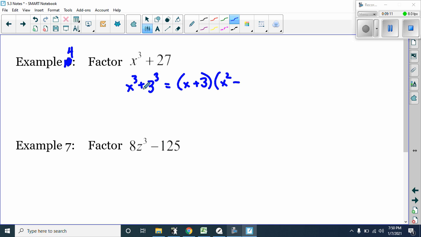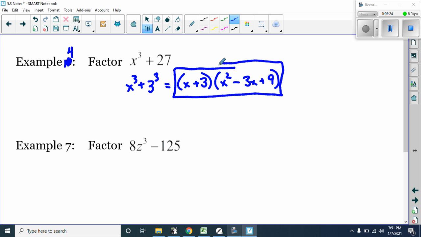Multiply them together, x times 3, plus the last one squared. 3 squared is 9. So again, it's always first one, same sign, second one. First one squared, opposite sign, multiply them together, plus last one squared.